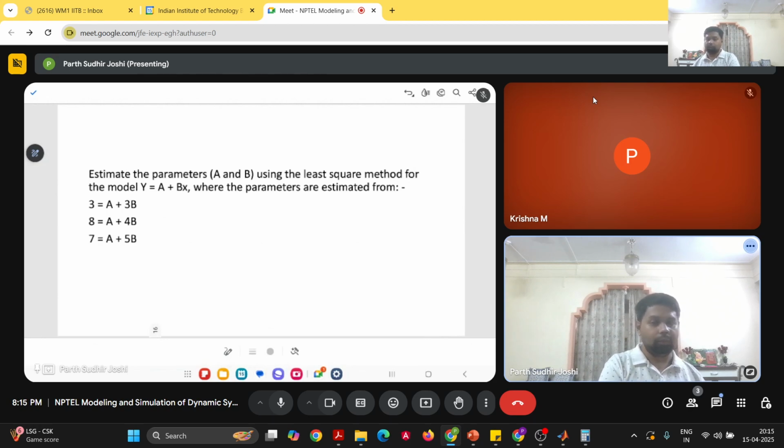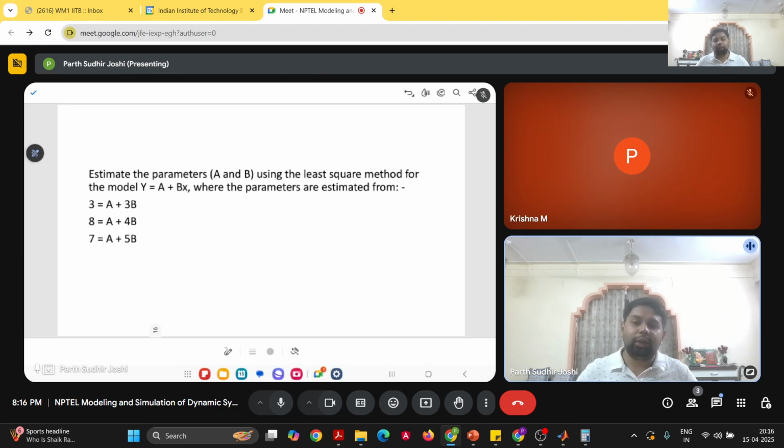We have three different measurements for y available: 3 equal to a plus 3b, 8 equal to a plus 4b, and 7 equal to a plus 5b.